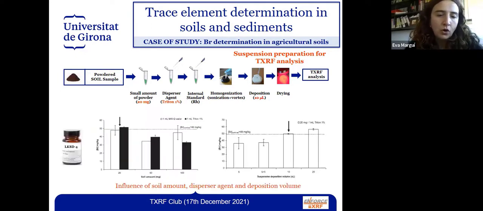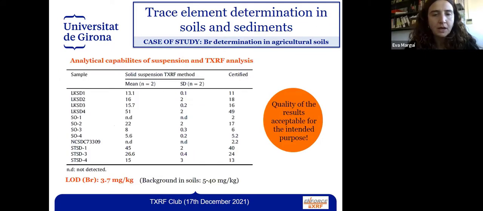We evaluate also the influence of the soil amount, the dispersant agent, and the deposition volume. And finally, we prepare the suspension by weighing 20 milligrams in 1 milliliter of Triton, and then with a sample deposition volume of 10 microliters.